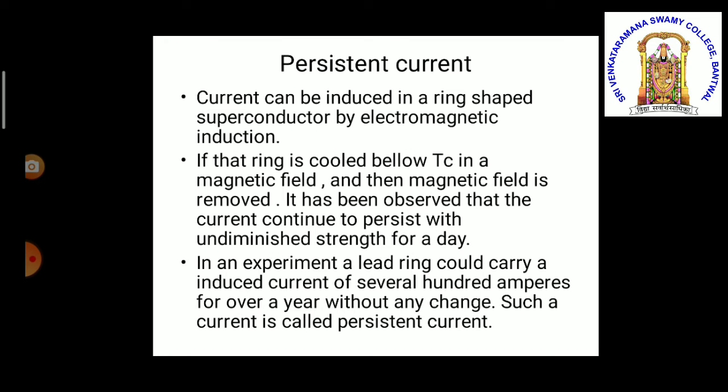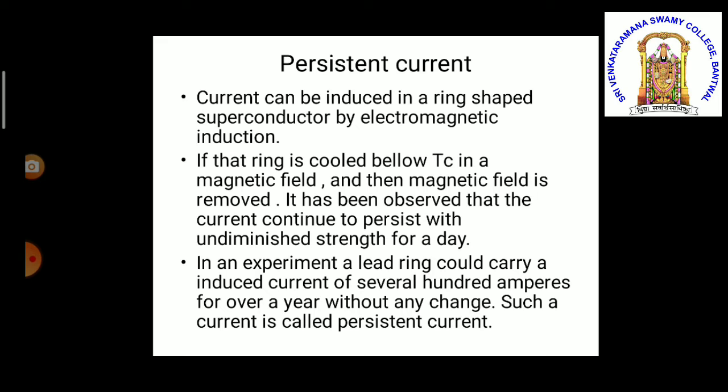Persistent current. Current can be induced in a ring-shaped superconductor by means of electromagnetic induction. If that ring is cooled below the critical temperature in a magnetic field, that material will become a superconductor.